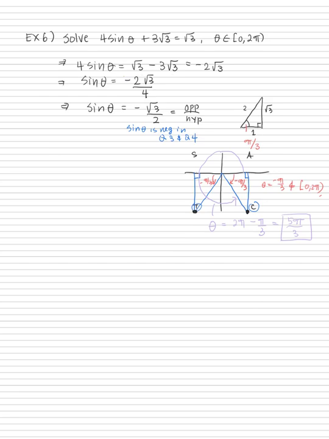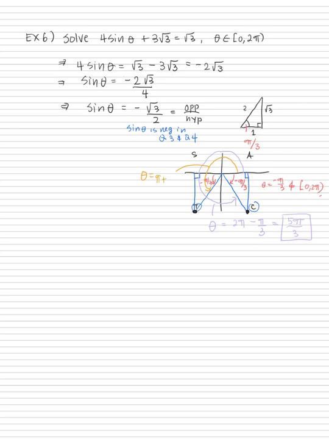Now let's go with the other terminal side. So now we're talking about this terminal side. Okay, so let's go from here. Oh, sorry, can you see this okay? From here. Okay, so let's just call this one theta. You can do whatever you like, you could just go pi plus pi over 3 if you want.